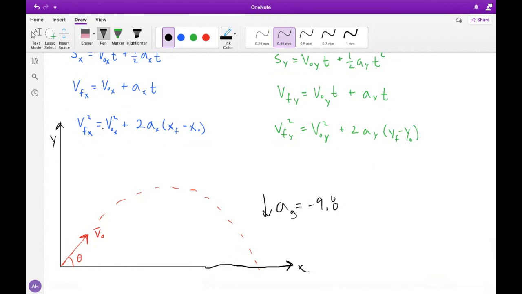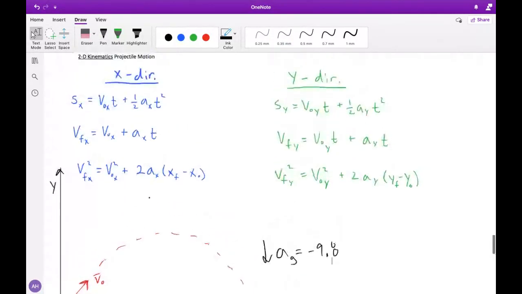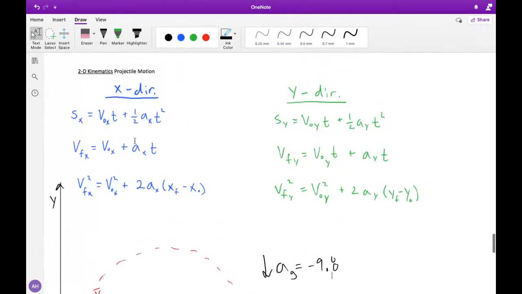So again, we can use our kinematics to analyze this situation, where we have kinematic equations for the x direction and kinematic equations for the y direction. These are the first 3 equations of the equations of motion, I left out the fourth one, where these are specifically for the x direction and these are specifically for the y direction.